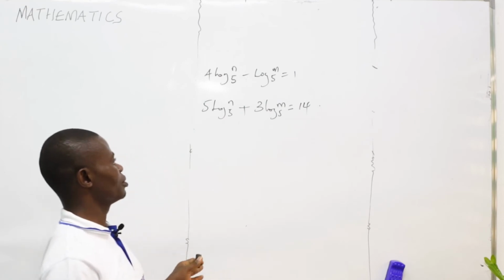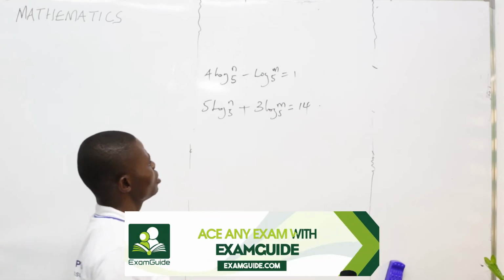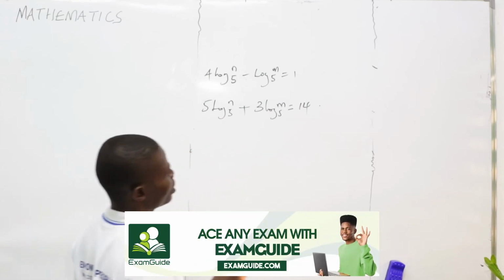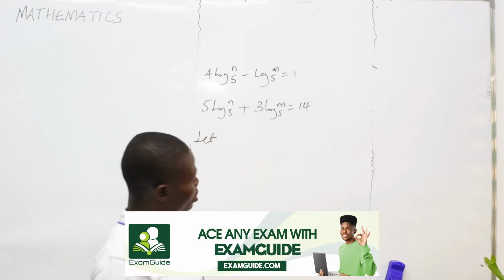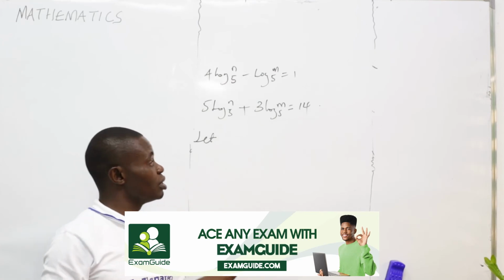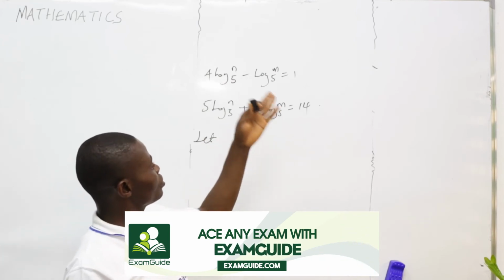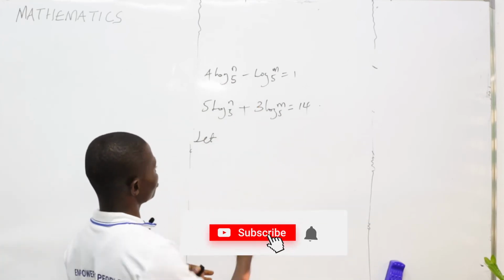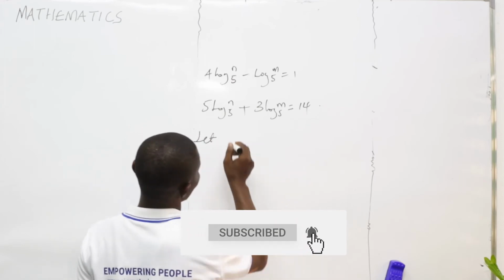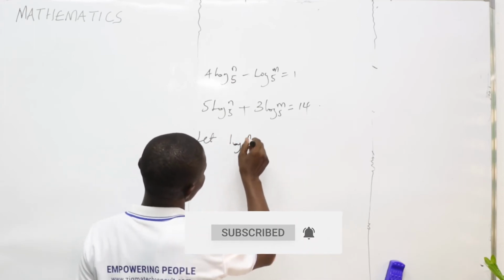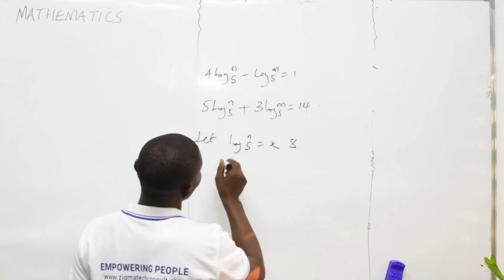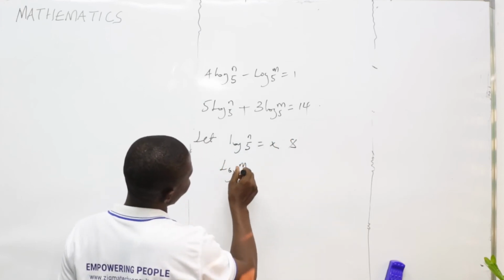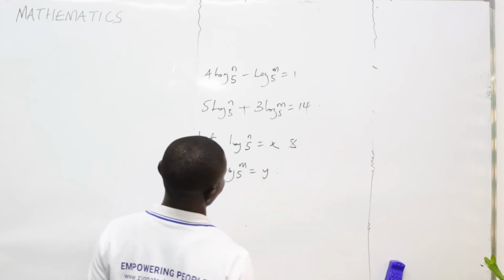You have this. So you can gently say, I want to use the let method in this. So you can learn this method. If you prefer it to the other one, fine. If you still prefer the other one, it's okay. Let log n base 5 equals x and log m base 5 equals y.